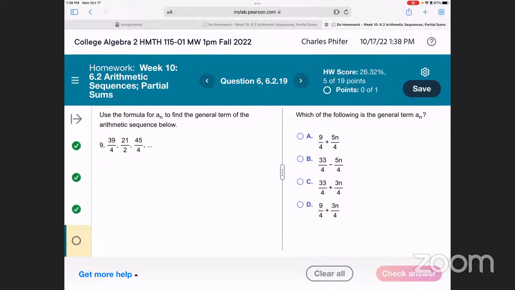Let me think. So the first term is 9 plus n minus 1 times d. Yeah, I'm just being lazy.